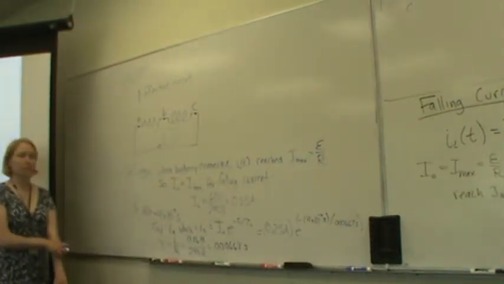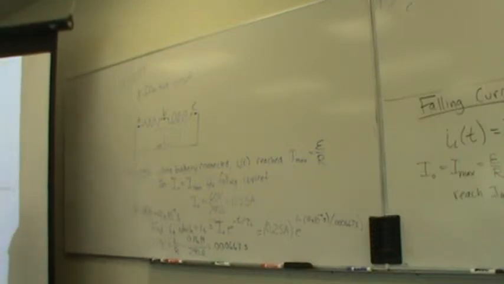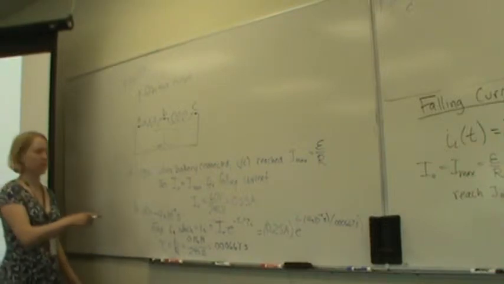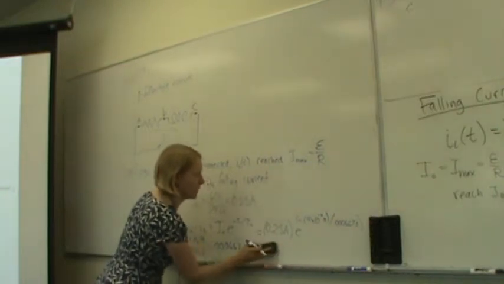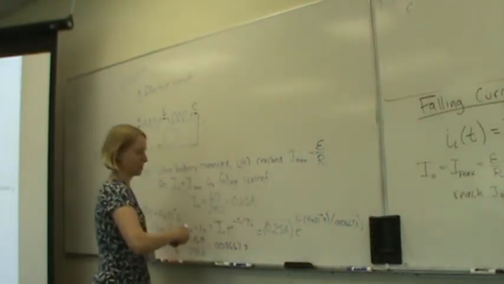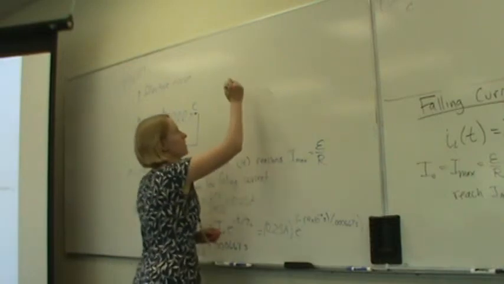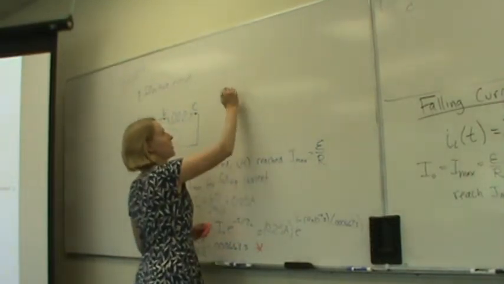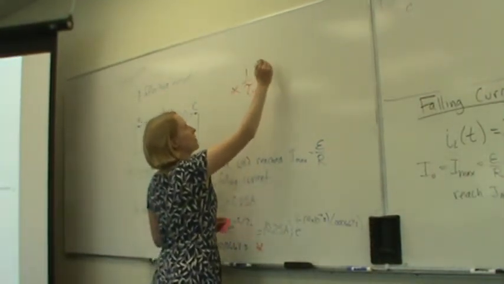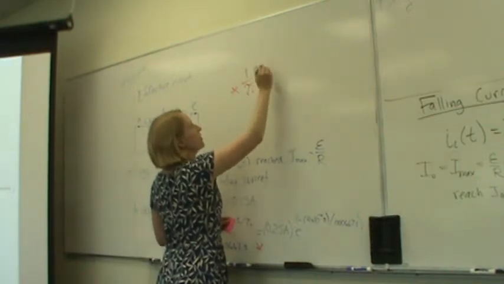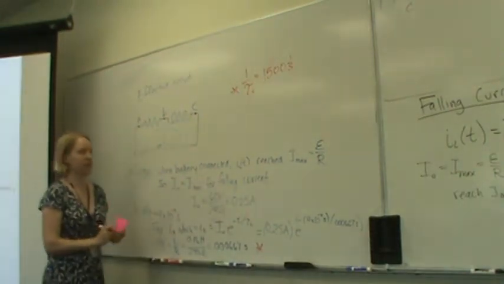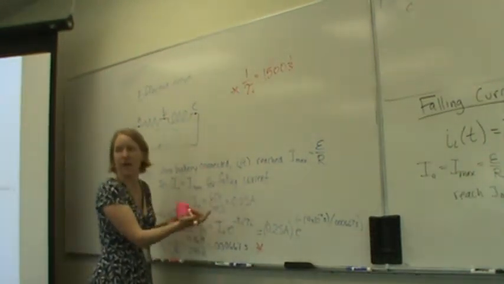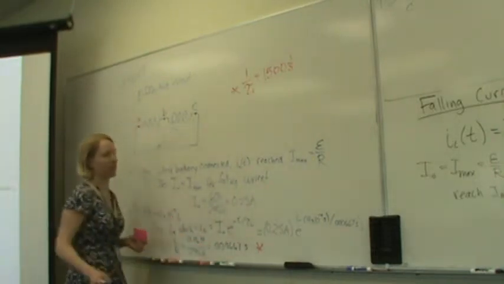It's kind of handy to calculate 1 over tau, which turned out to be negative 1500 t. That's much handier since you're always using 1 over tau in your exponent.